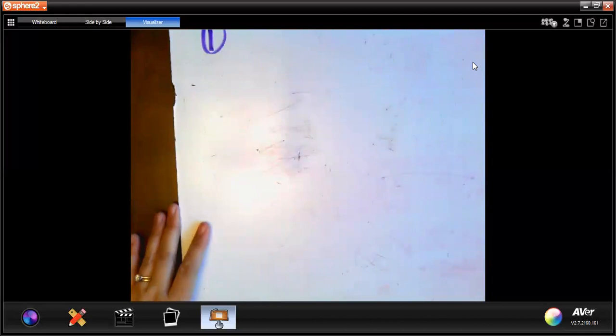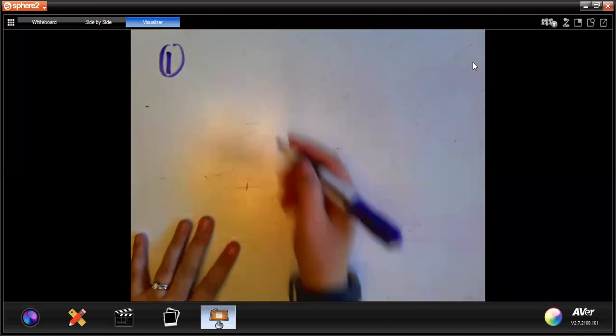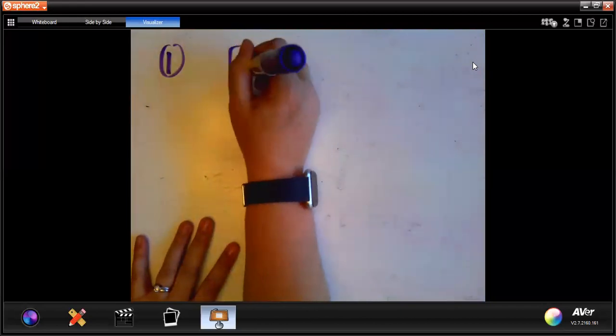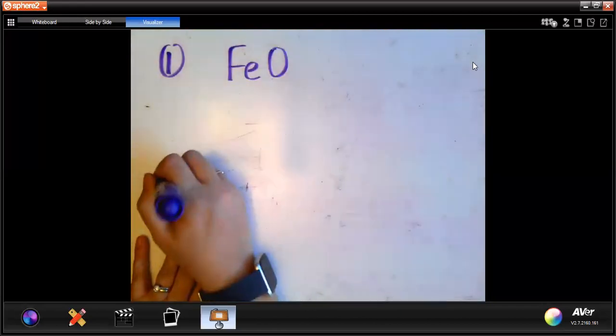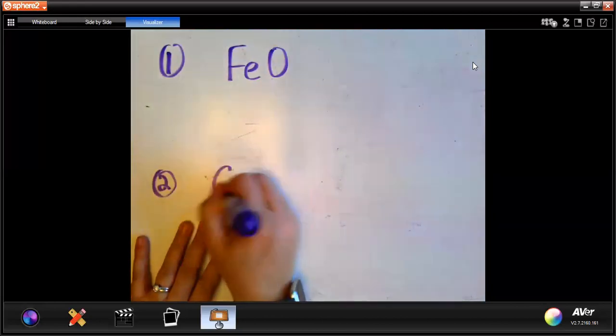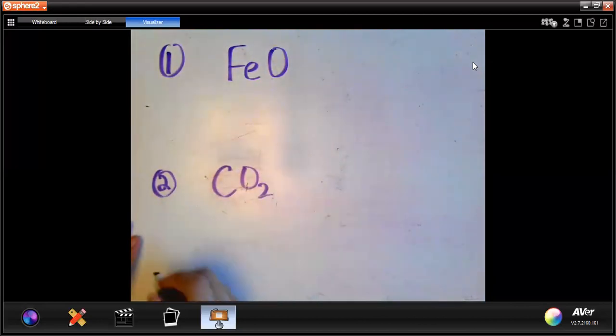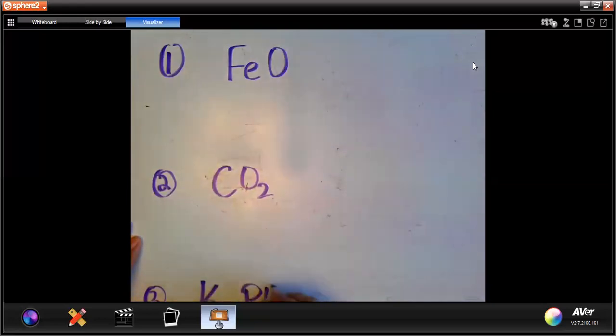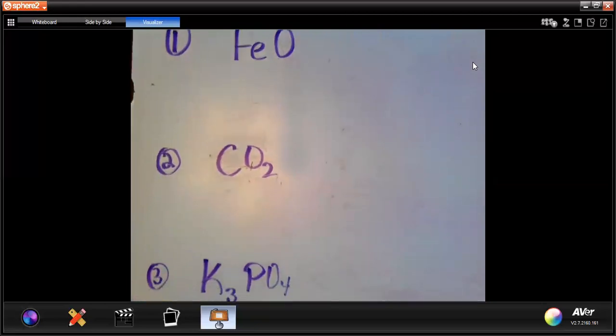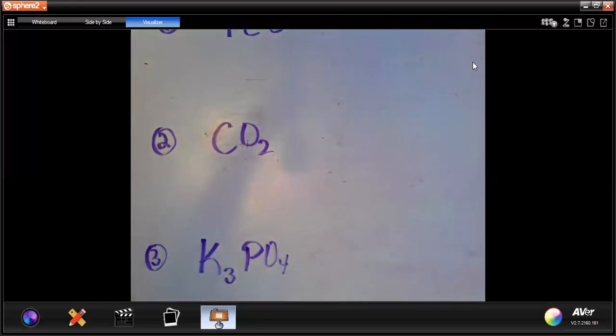All right. So first example, again, we want to first determine, is it ionic or is it covalent? All right, let's start with these.